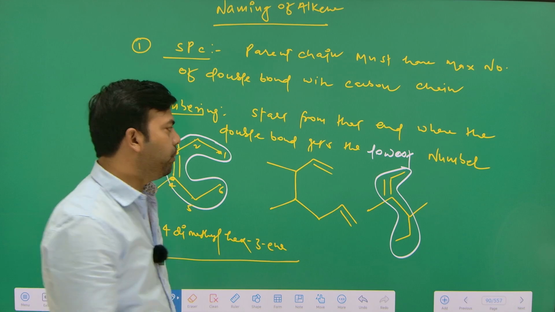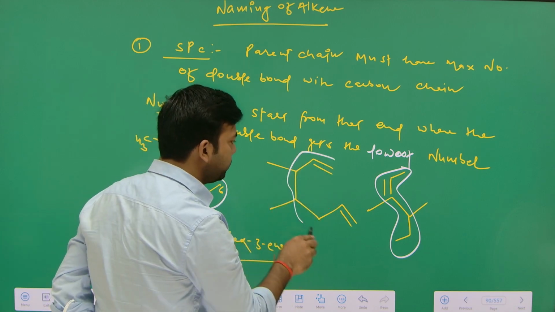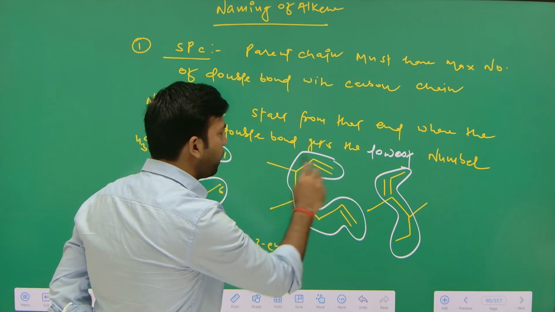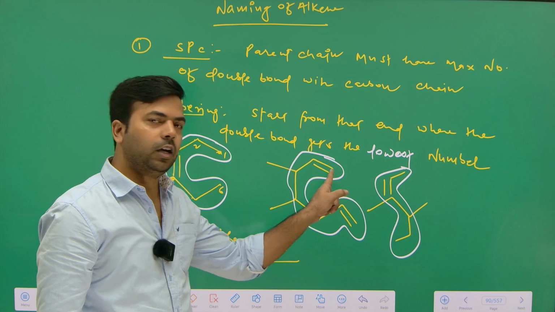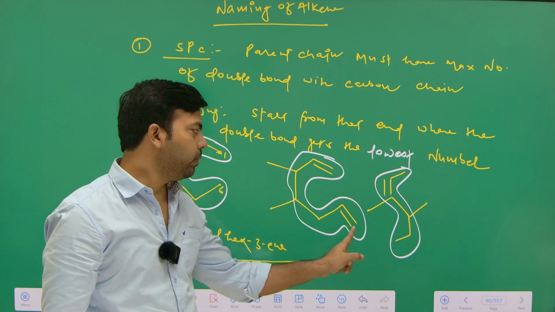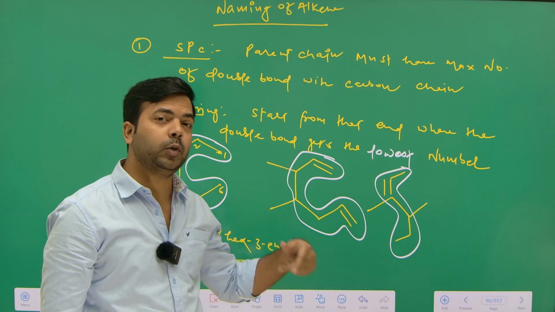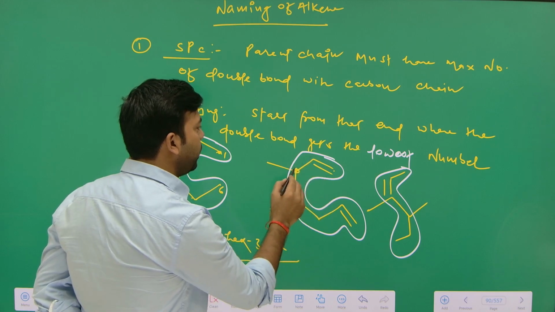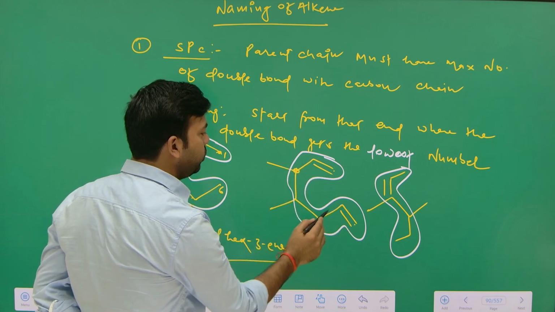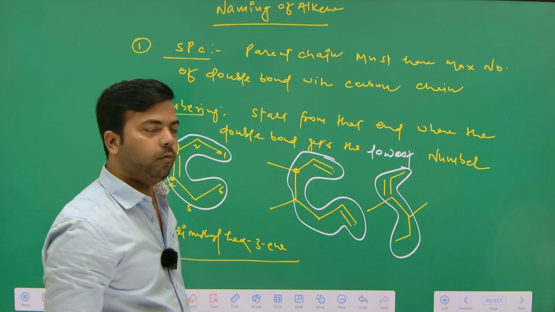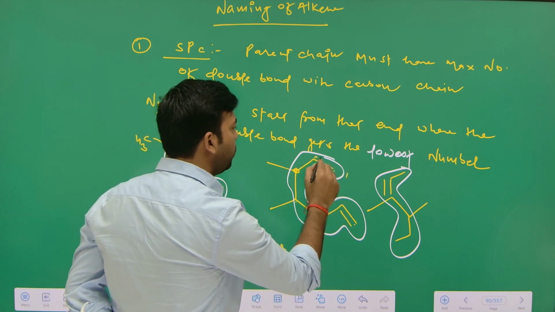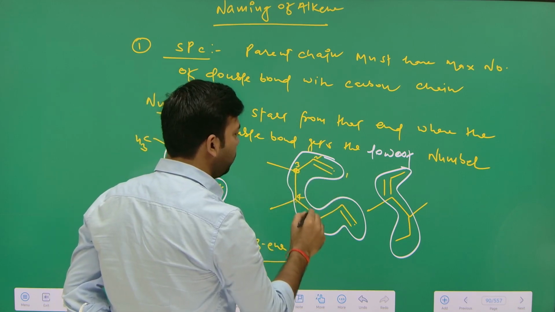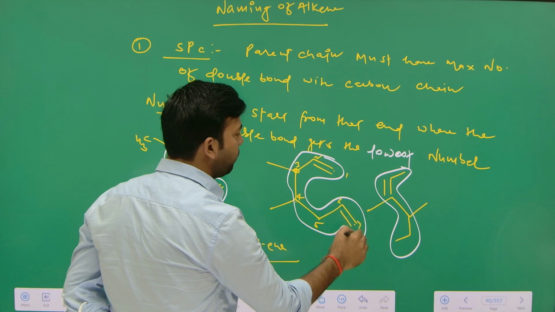So this is my parent chain. The number one is also a double bond, and here the double bond is also number one. So next priority is the branch. So branch is number 3 here, 1, 2 and 3, and here branch is 1, 2, 3, 4. So the top one will be the correct one, 1, 2, 3, 4, 5, 6, 7.